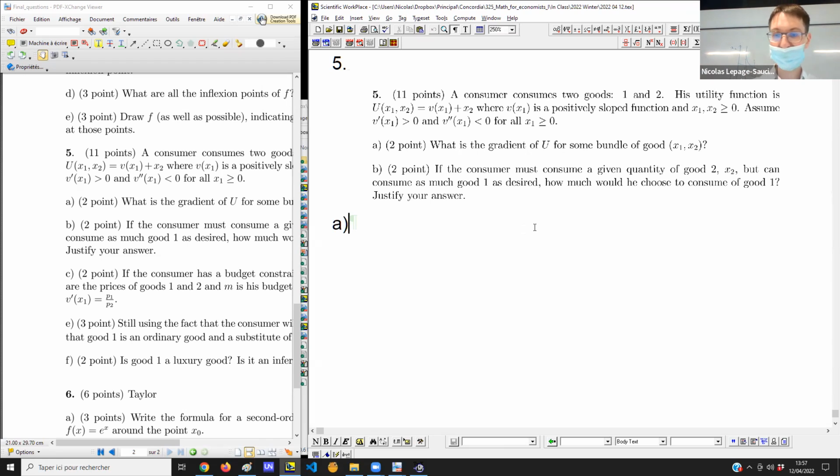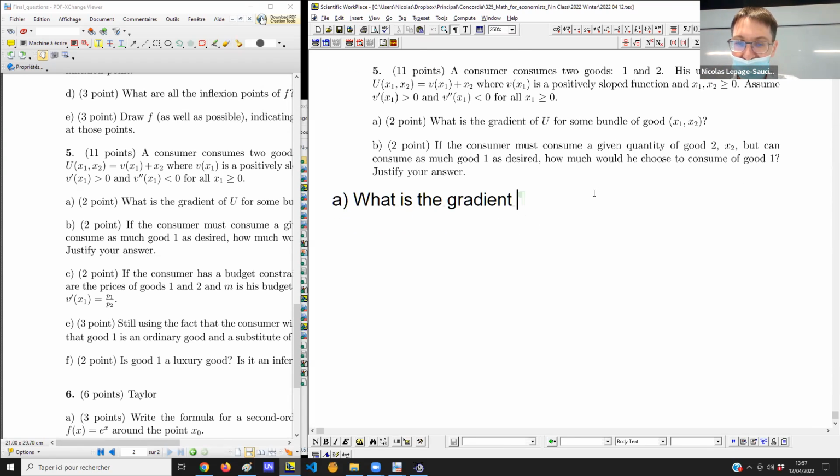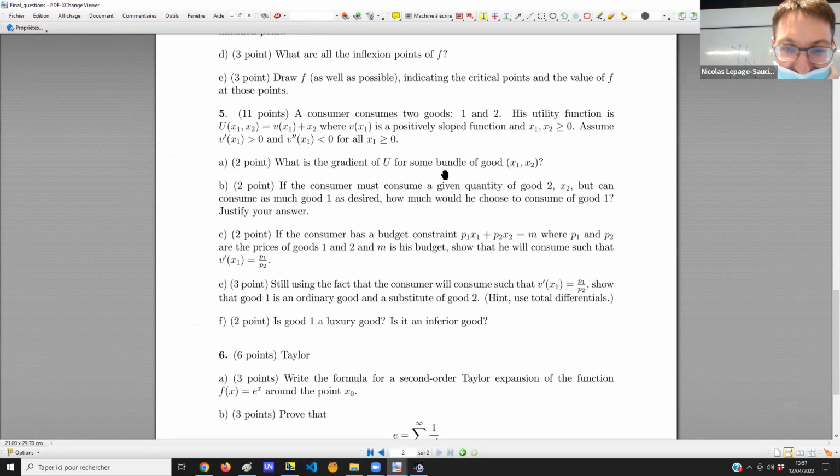So A: what is the gradient of U for some bundle of goods x1 and x2? I think you had a similar question. Yeah, this is in the assignment, you're right.